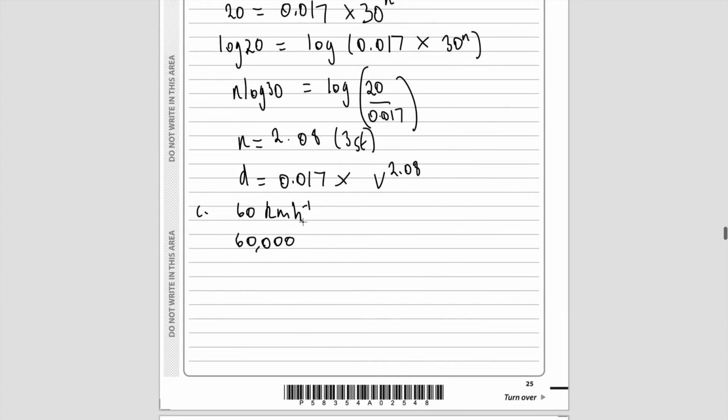And then in order to turn this hour into seconds, we need to realize that there are 3,600 seconds in an hour, and divide by 3,600. And this here gives us our meters per second. Okay, this is how fast Sean is traveling in the car in meters per second.